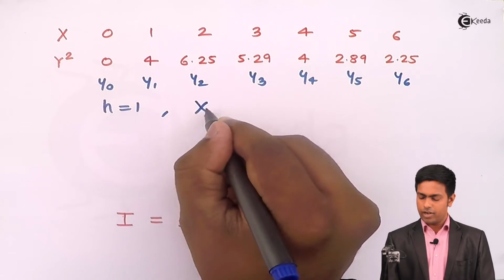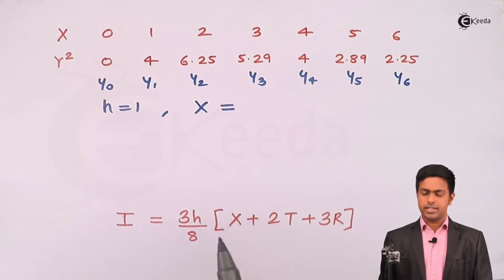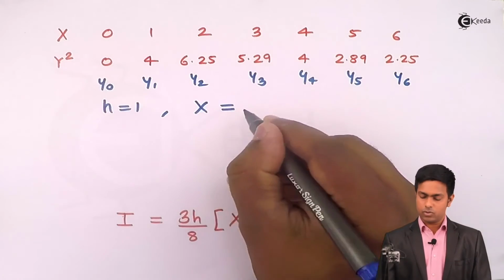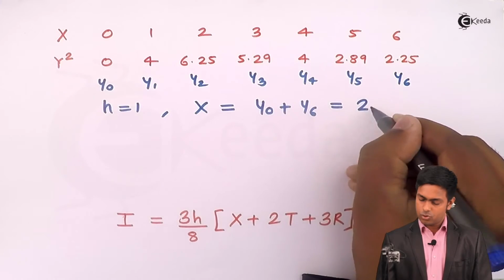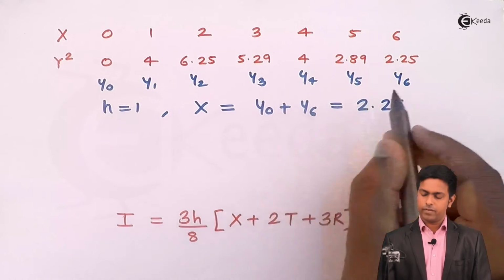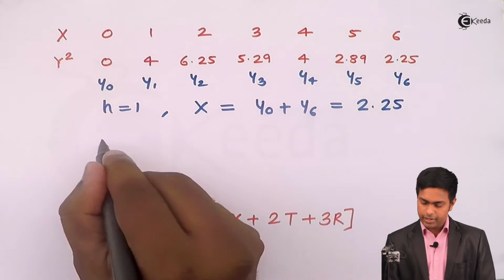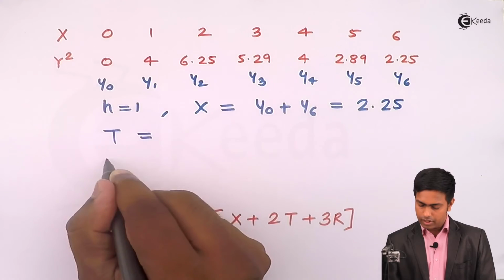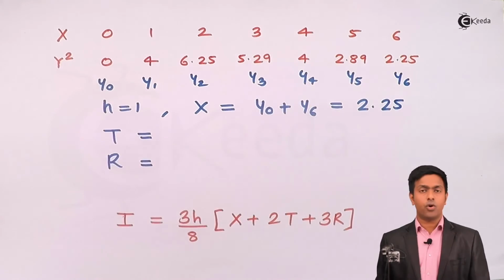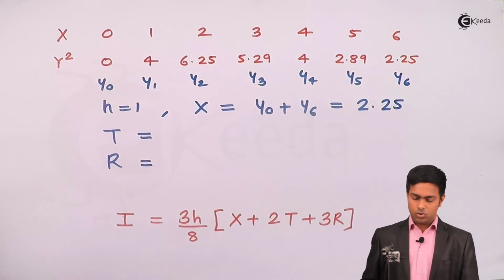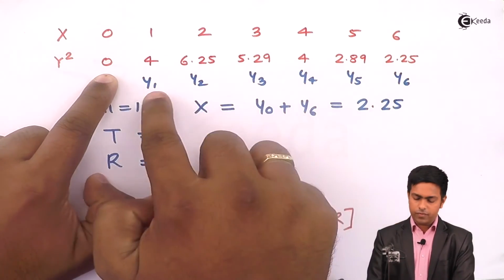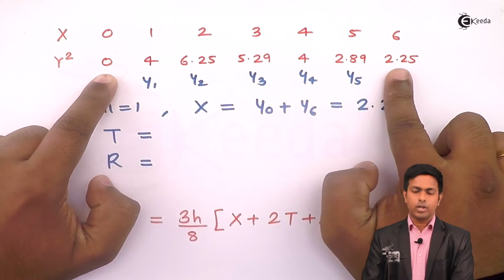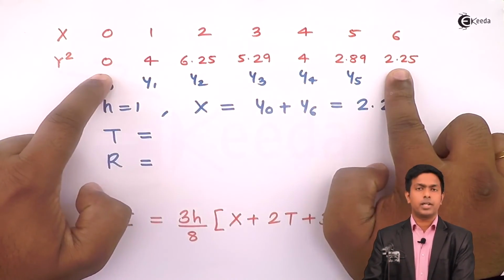Next, let's find the value of X. X is the sum of the extreme ordinates, that is y0 plus y6, which is 2.25. Next, T is equal to the sum of the ordinates which are multiples of 3. We have already considered y0 and y6, so out of the remaining ordinates, only y3 is a multiple of 3.